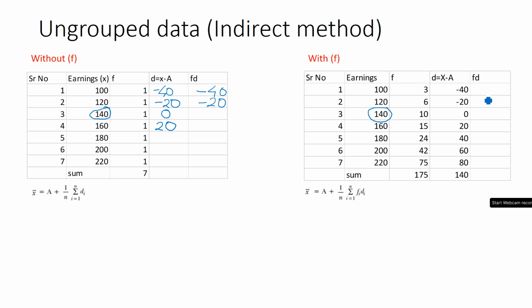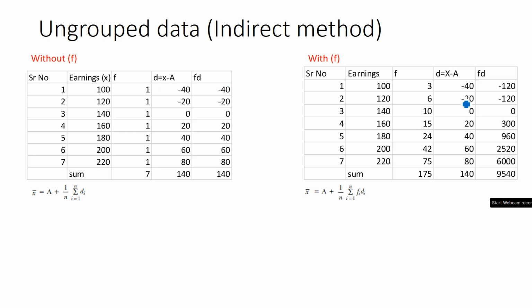On the right hand side, where I have a table with frequency, I multiply minus 40 by 3. So, 3 zeros are 0 and 3 fours are 12. So, the answer is minus 120. Minus 20 into 6 should be minus again 120 and so on. So I would complete the table. Here's the table for your reference.